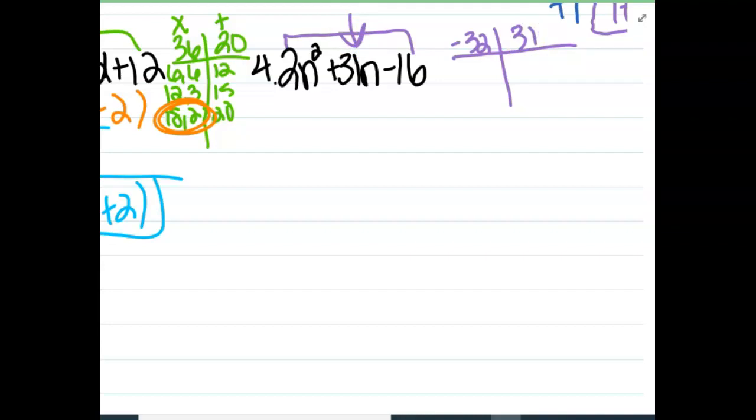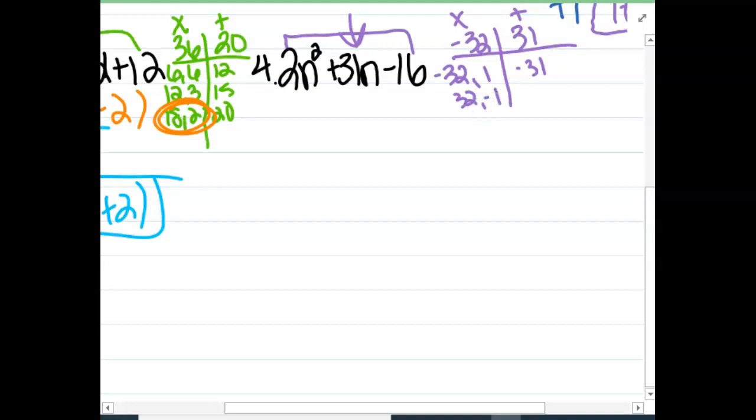Now with this T-chart, it is always going to be multiply to give you the first number, add to give you the second number. So what multiplies to give you negative 32? 32 and 1. Now, since it's a negative 32, one of these has to be negative. If the 32 is negative, it's going to give me negative 31. I need a positive 31.